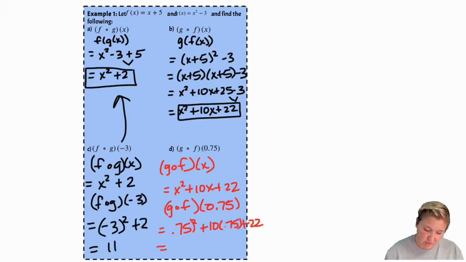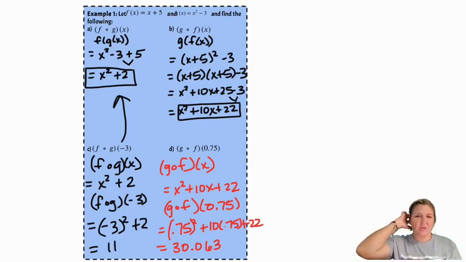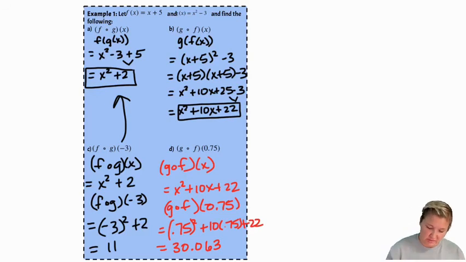Then I'm just going to plug all of that into my calculator and see what I get. I'm going to get 30.063. Unless otherwise stated, go ahead and make your answers accurate to 3 decimal places. That is the wording that you will see. So you want to make your answers accurate to 3 decimal places. And boom, there you go.